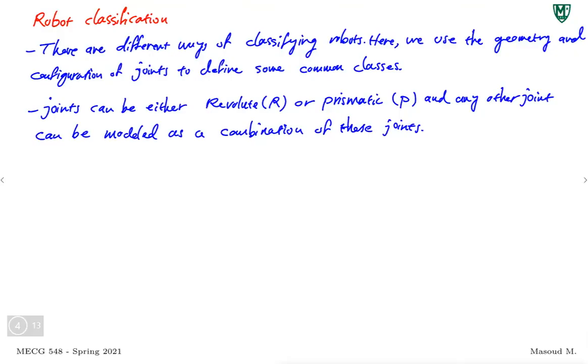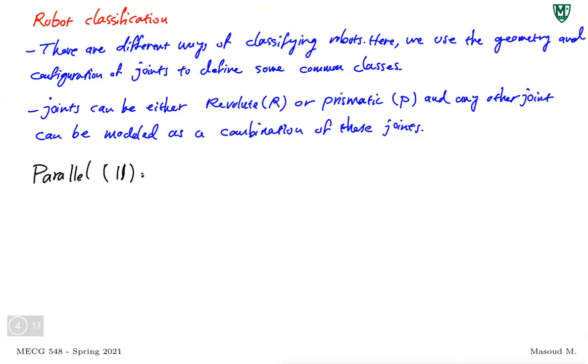So the first one is parallel, and we represent that with two vertical lines.